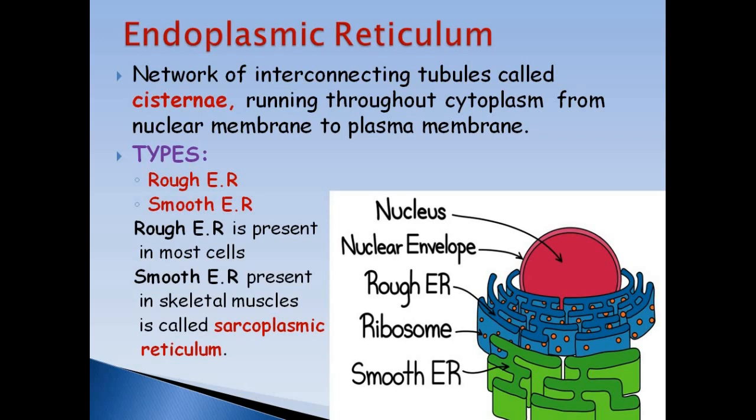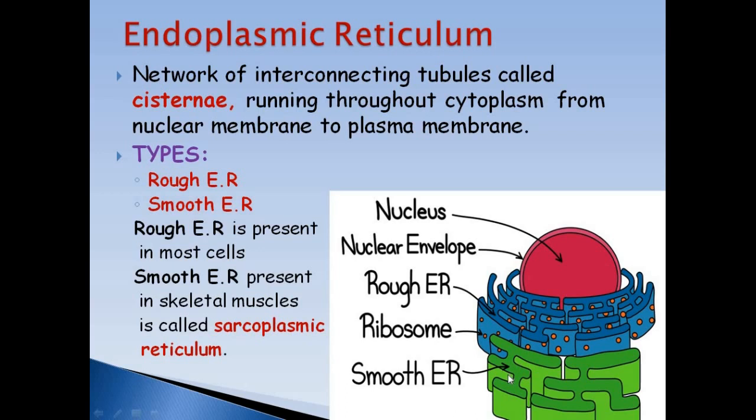Rough endoplasmic reticulum is called rough because on its outer surface ribosomes are attached, so that appears rough in appearance. That's why it is called rough endoplasmic reticulum. But smooth is without any ribosomes, so the appearance is smooth. That's why they are called smooth endoplasmic reticulum. And you can see that both are present side by side.